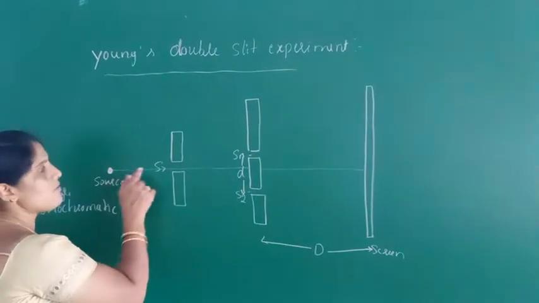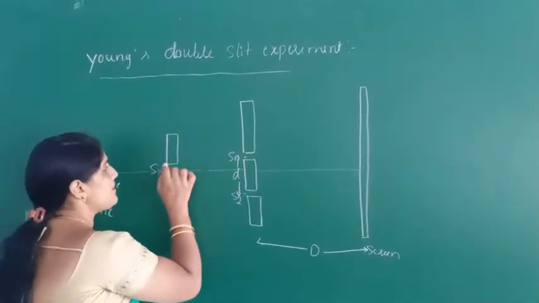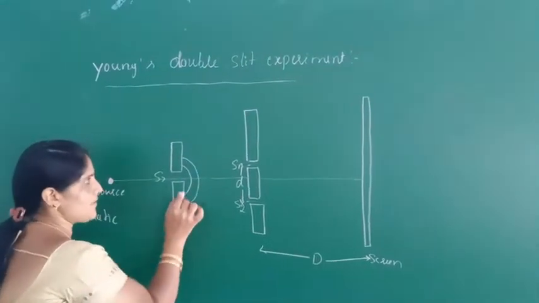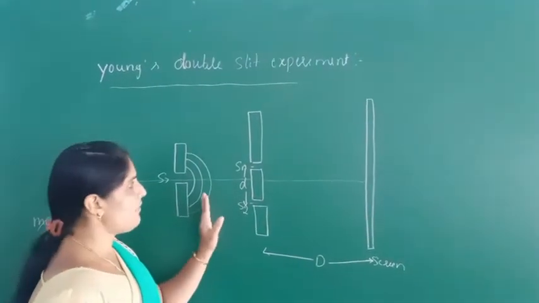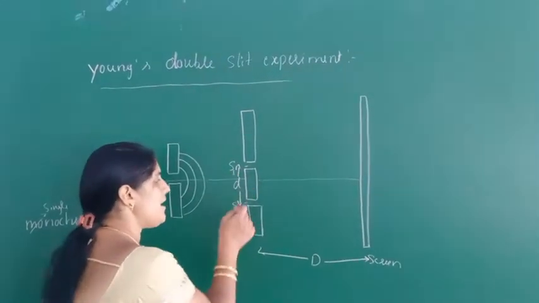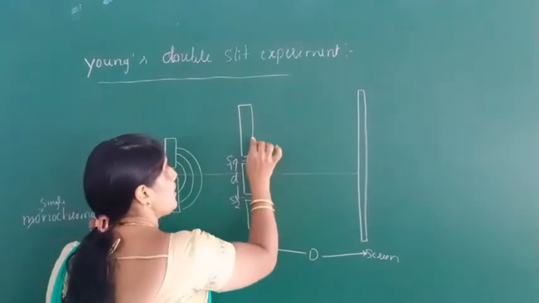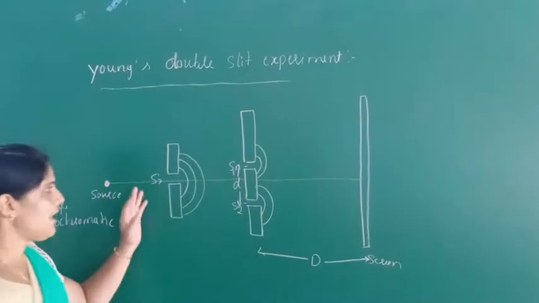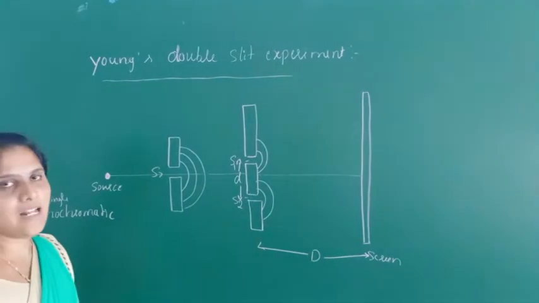When light from the source is incident on this point source, that means slit S, spherical wavefronts are formed like this. Then these spherical wavefronts fall on both the slits, S1 and S2. Again, spherical wavefronts are formed at S1 and S2.